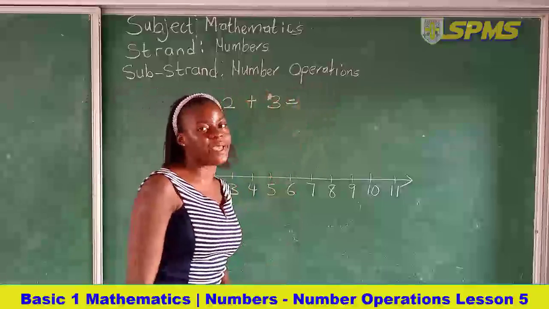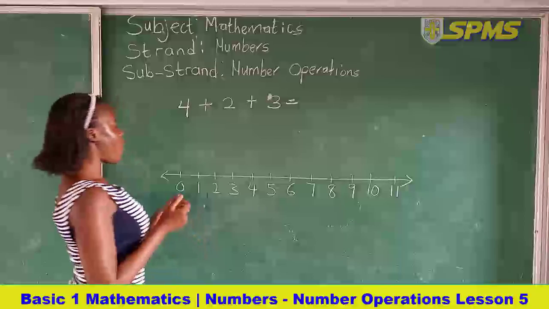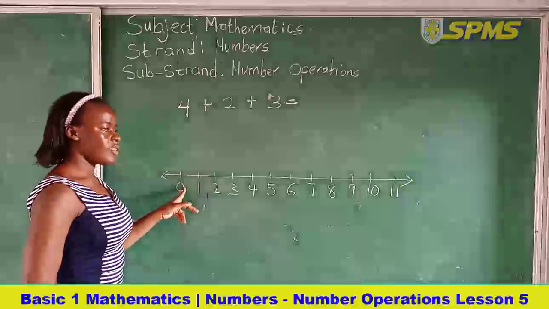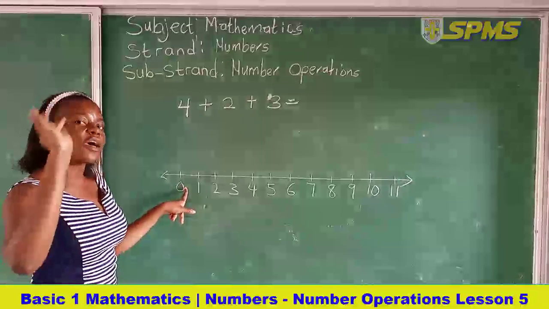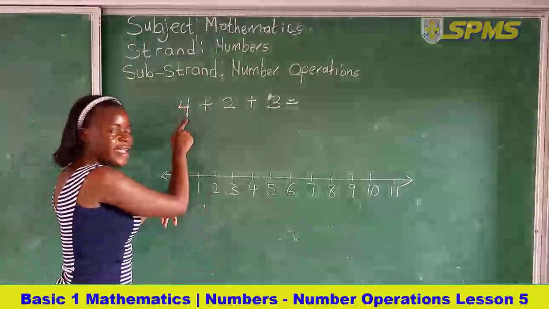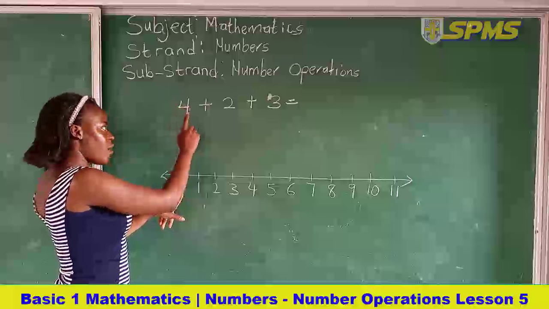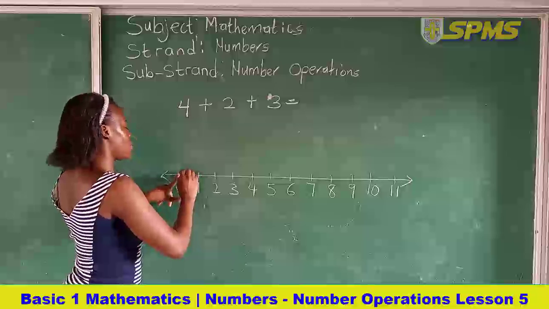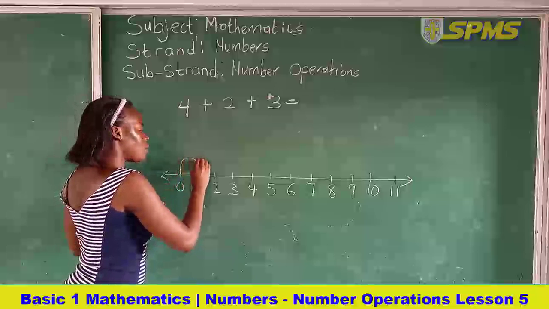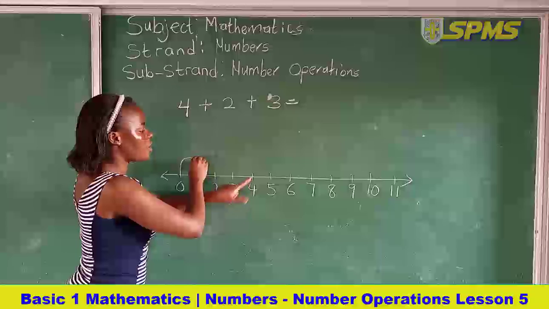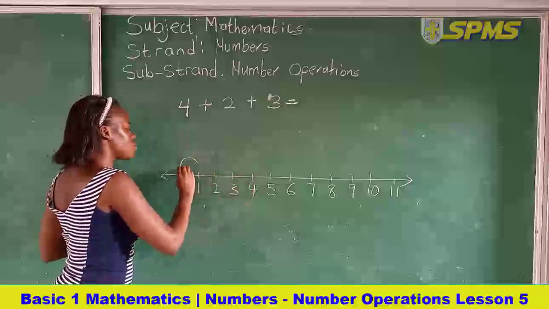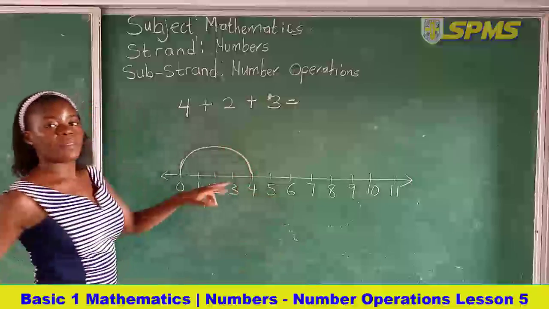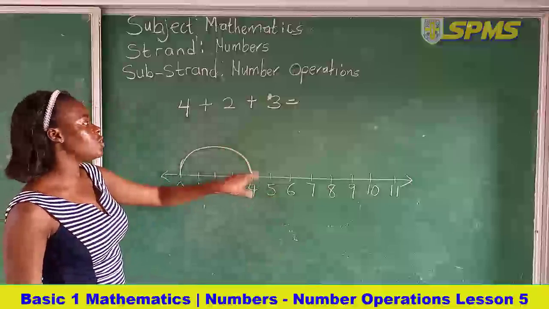Now let's look for the sum. I will start here, which is 0. Then jump to the 4th place, because we are going for 4. So let's count 1, 2, 3, 4. So it will be on 4. Then we move to the next one, which is 2.